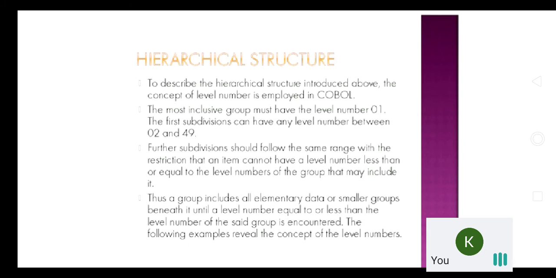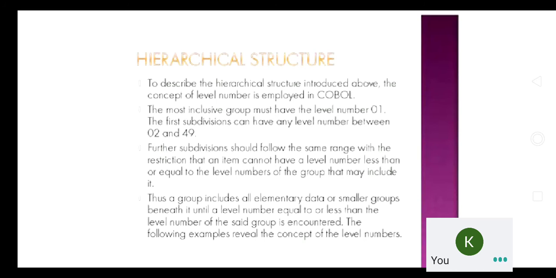The subdivision level number must not be less than the level number above it. The most inclusive group will have the least level number, and whatever subdivisions you add under it must have higher level numbers.